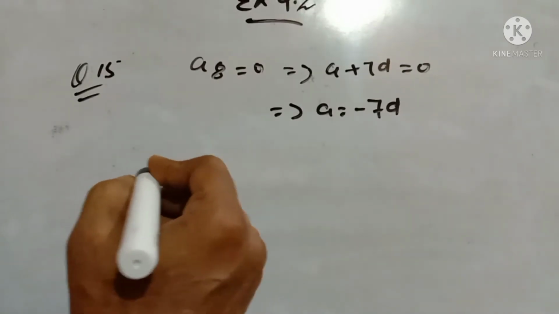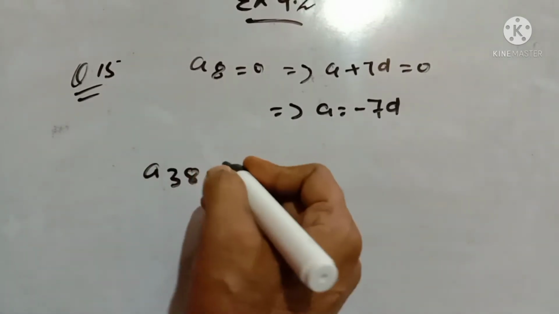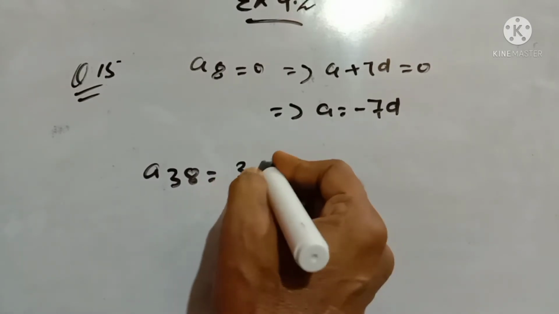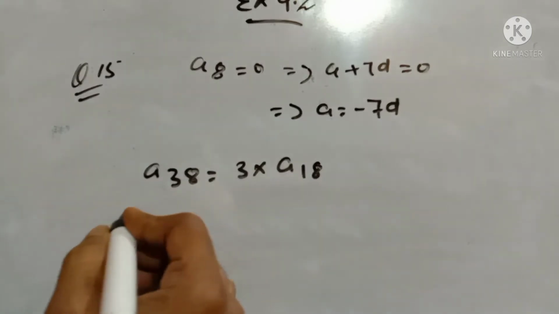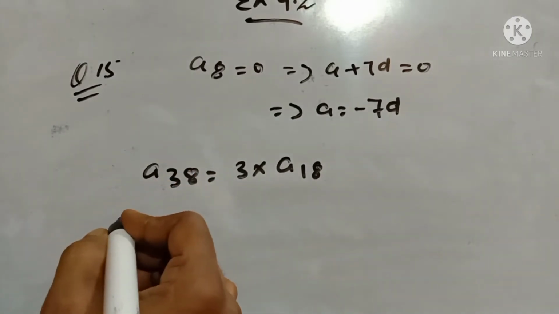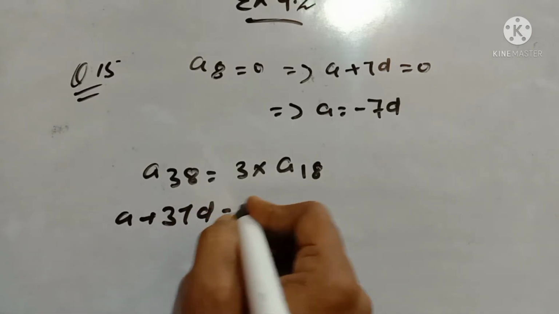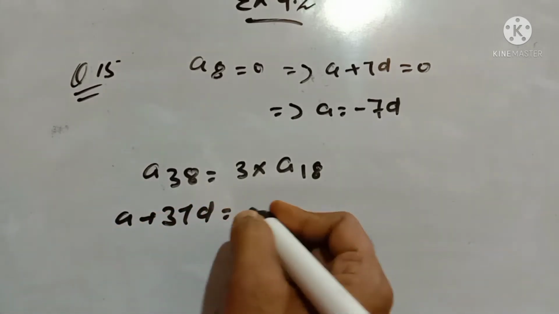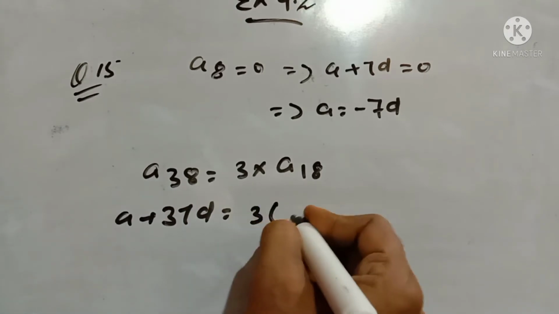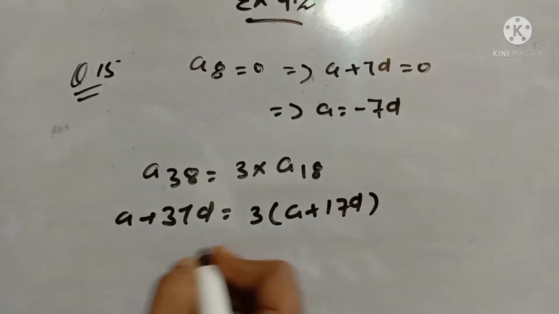Now according to the question, it is given that a38 is equal to, we have to prove it, triple of the 18th term. So a38 I can write as a plus 37d, meaning a plus n minus 1 into d, and the 18th term we can write as a plus 17d.